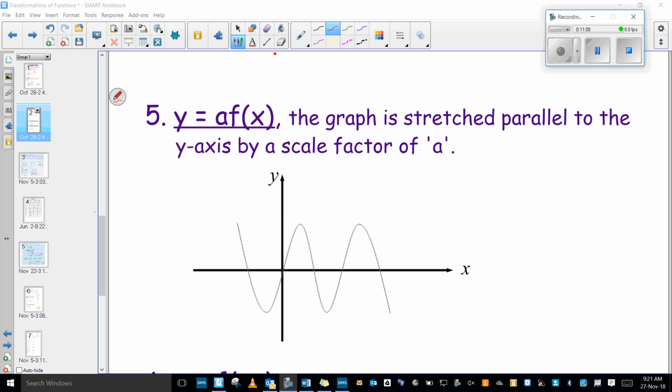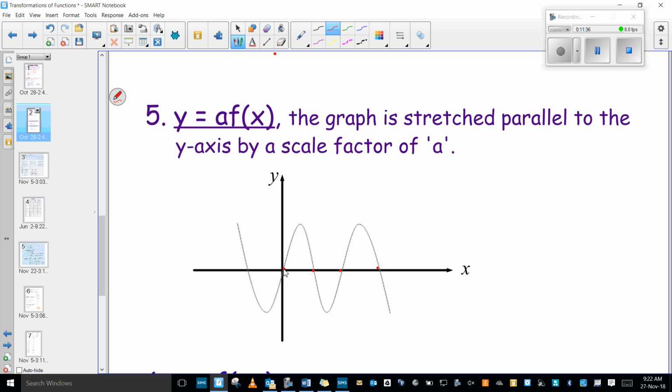Alright, so this one here, we've got a number in front of it. I have told you, but do you remember, especially for the quadratics, what happens when there's a number in front of it? It stretches it. So it stretches it in the y direction. The x coordinates are staying the same, so they're not being affected. It's just that the y values are being multiplied by that number.